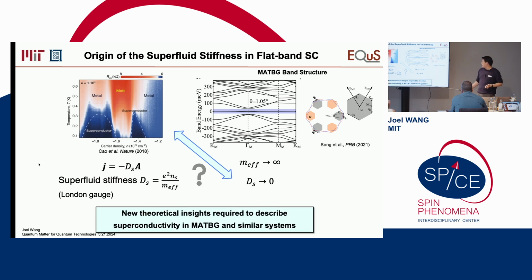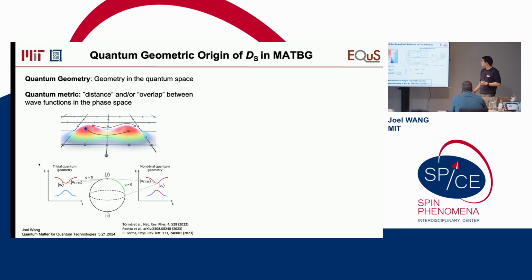So to understand that, new theoretical insight is required to understand what's happening in the superconductivity in MATBG and similar systems. It has been proposed that it has something to do with the quantum geometry in this flat band system.